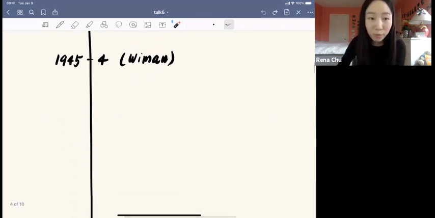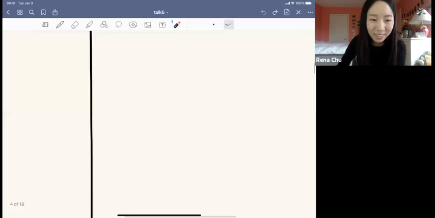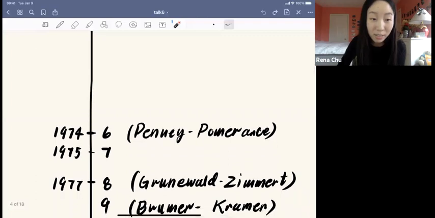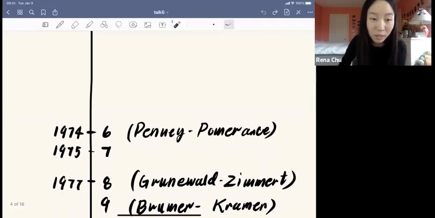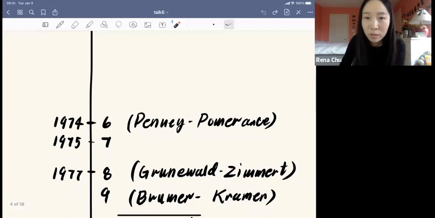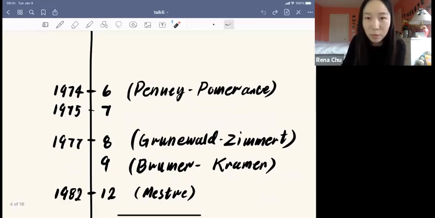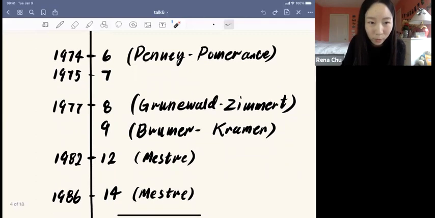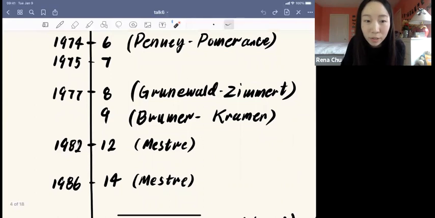Then things stagnated for some years, to be more precise, 3 decades. Then in the mid-1970s, we picked things up again and we showed the existence of elliptic curves of rank greater than or equal to 6.